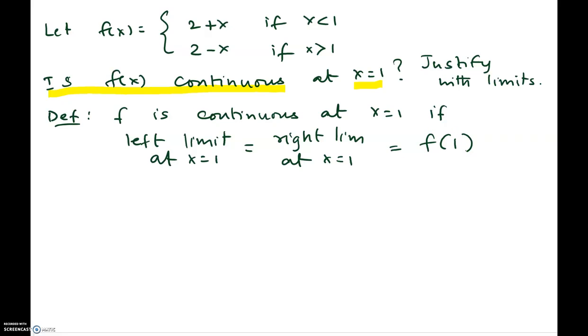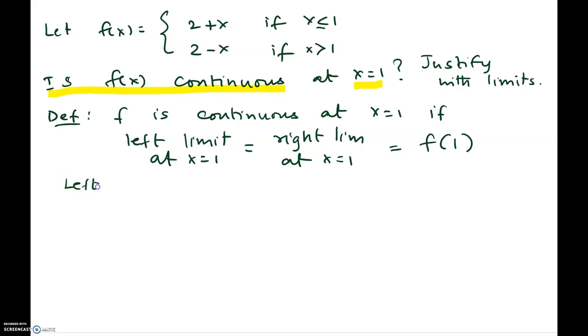So the left limit equal to the right limit should be equal to the function value at 1. We're going to find the left limit, the right limit and the function value, and then see if all three are equal. Even if one equality fails, the function is not continuous.